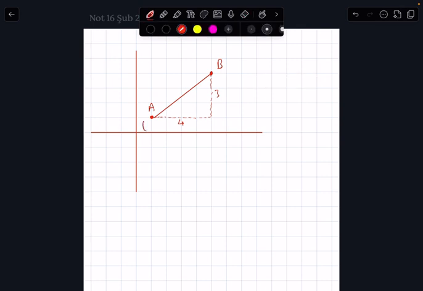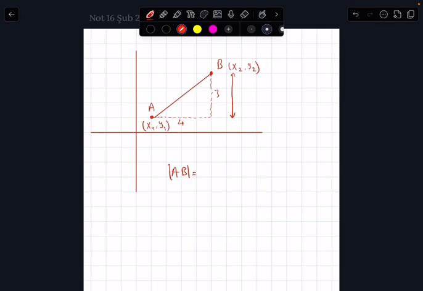Let's call the coordinate of A x1 and y1. And for B, let's call the coordinate x2, y2. Okay? So basically, in order to find AB, the length of AB, we will have to first find the distance of the vertical line, the vertical difference.